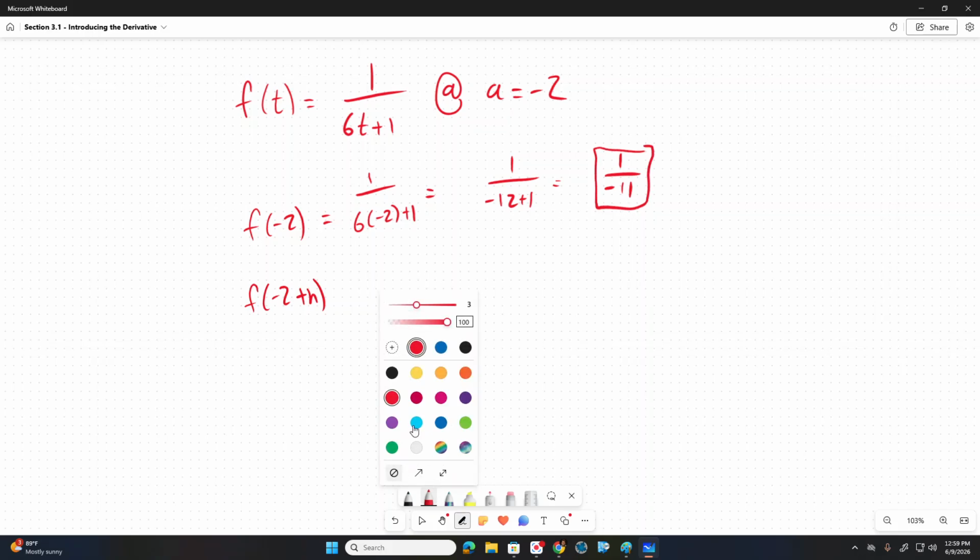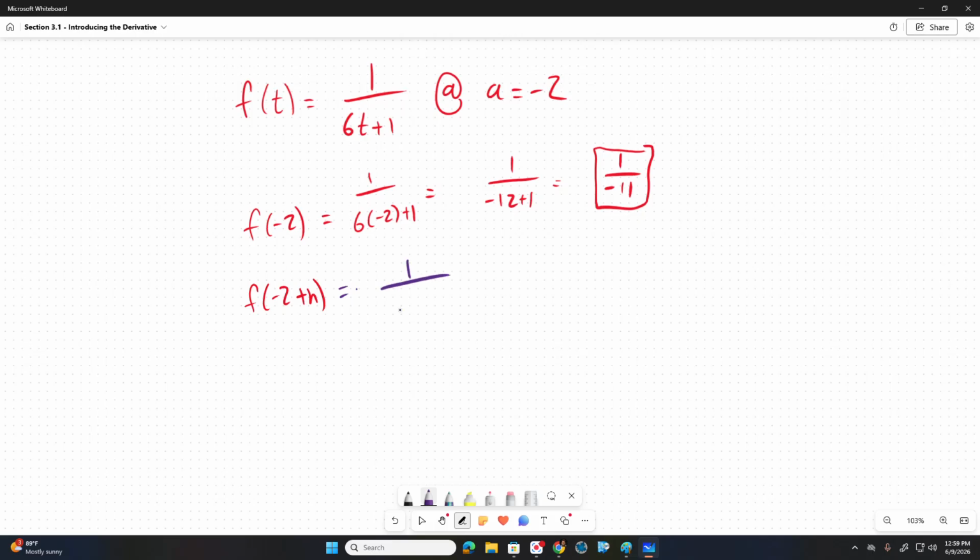Now, this one, slightly harder, but hopefully something we can still accomplish. 1 over 6 times negative 2 plus h plus 1. Don't forget the plus 1. Now, if we move this out, we're going to get negative 12. We can just distribute. Plus 6h plus 1, or 1 over negative 11 plus 6h.